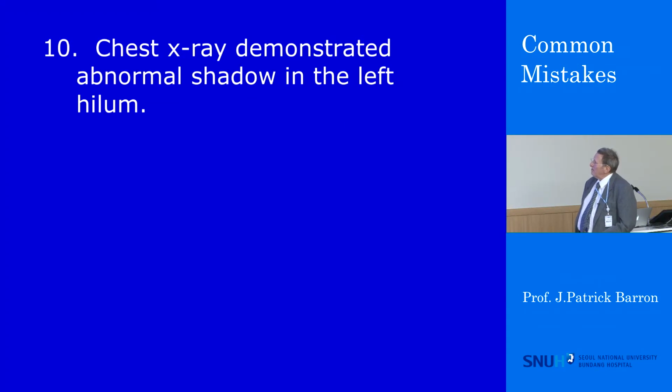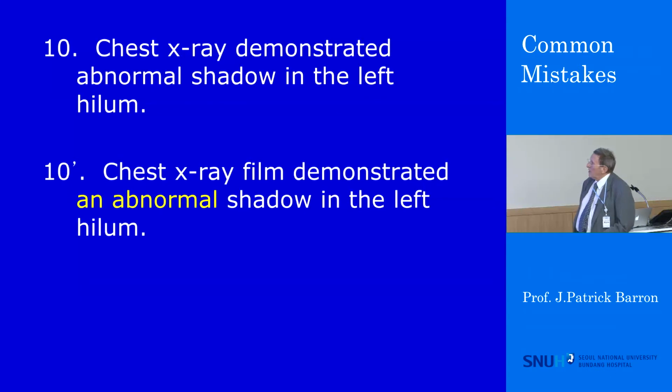Chest X-ray demonstrated abnormal shadow in the left island. Okay, can you see an X-ray? No. You can see an X-ray film. But also, just because you saw it in an American journal or a British journal does not mean the English is okay.